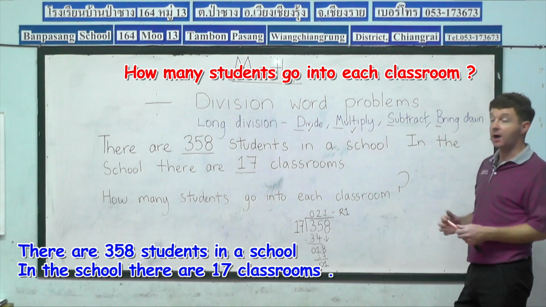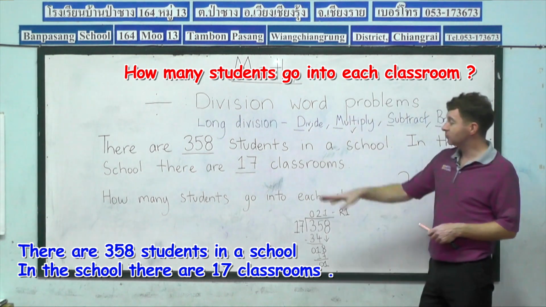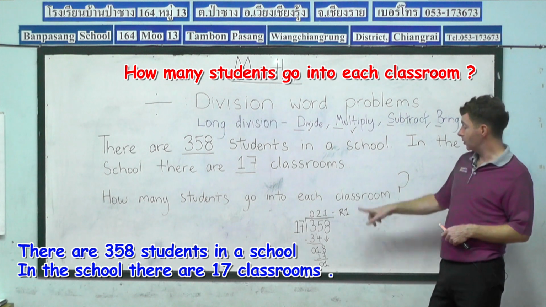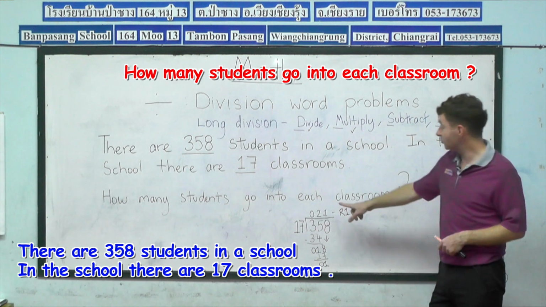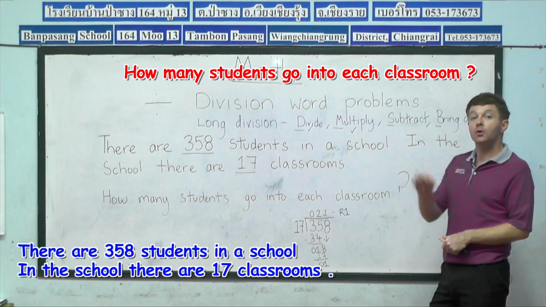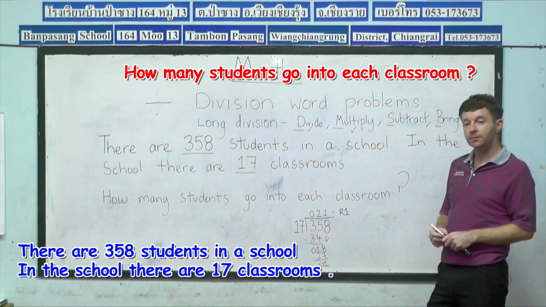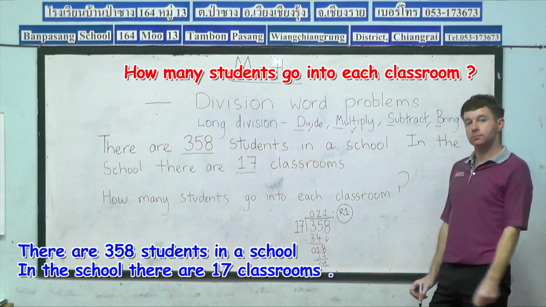So we have our answer. The question, how many students go into each classroom? And the answer is 21 students go into each classroom. But we have remainder 1.